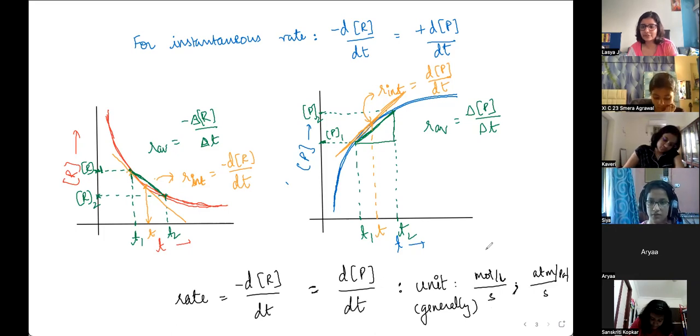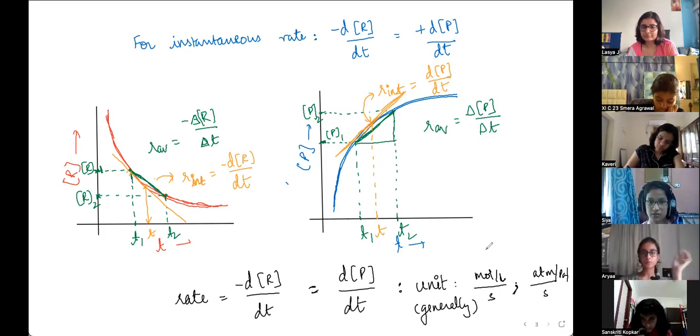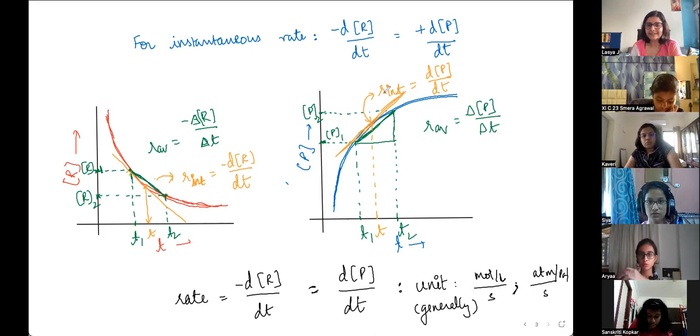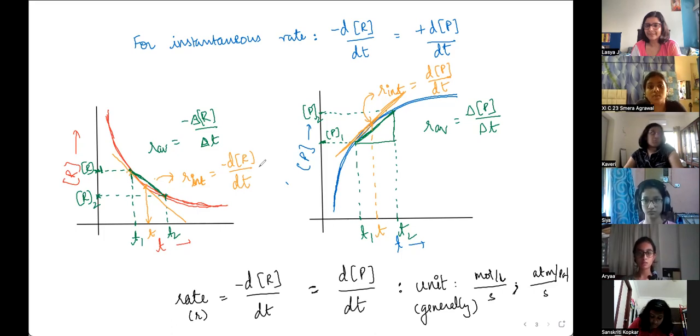P average, right? And P instantaneous. Not R. No, R means rate. Small r refers to rate.